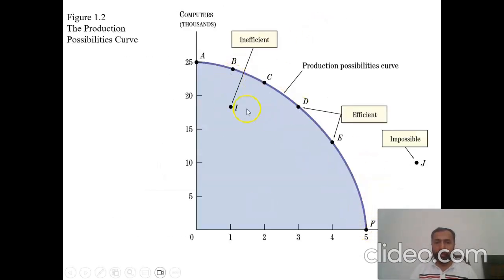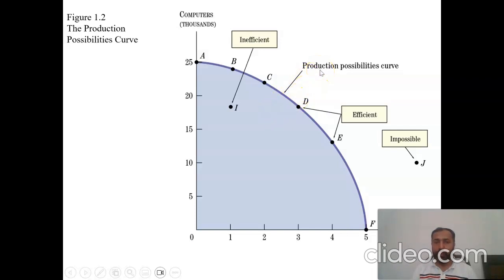Basically, in that slide, he is saying that if resources increase, we will shift upward on the y-axis, as well as rightward on the x-axis, and we will have a new PPC just above this PPC. The same thing happens if there is an improvement in technology.